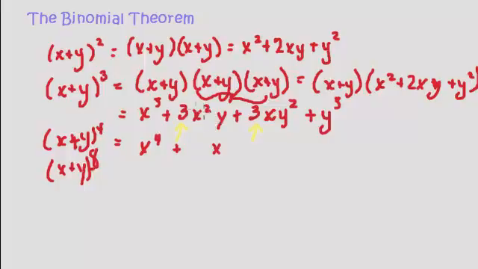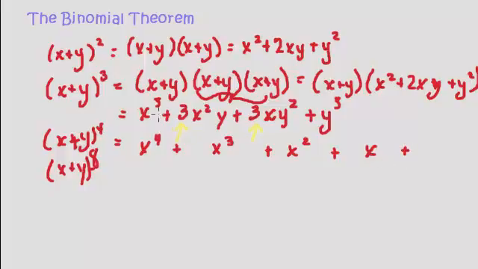My x exponent is going down by 1, so it would be 4, 3, 2, and then a 1, and then none of them. And I'm going to have plus signs, and I need a coefficient in there, so I'm going to leave some space on either side of these because I need a y in there as well. So I'm just leaving myself room.